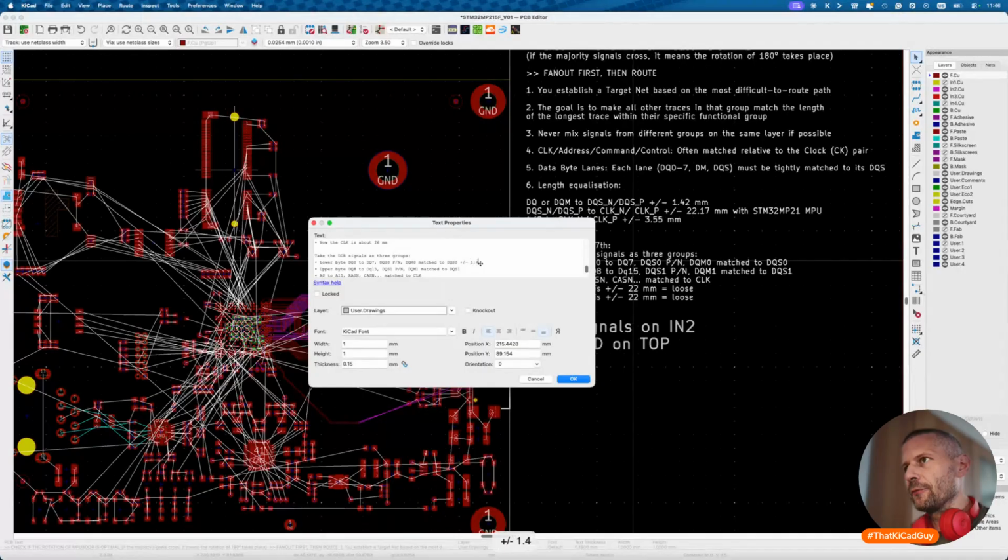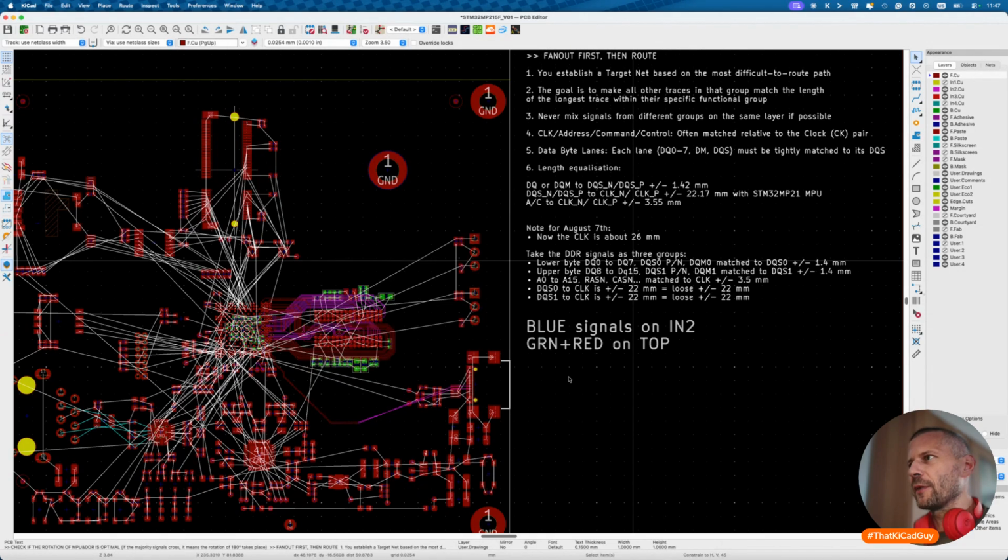Plus minus 1.4, plus minus 1.4, plus minus 3.5, plus minus 22, plus minus 22 millimeter. Okay, so 26 is our clock, and we have to match the AC signals to 3.5 plus minus.